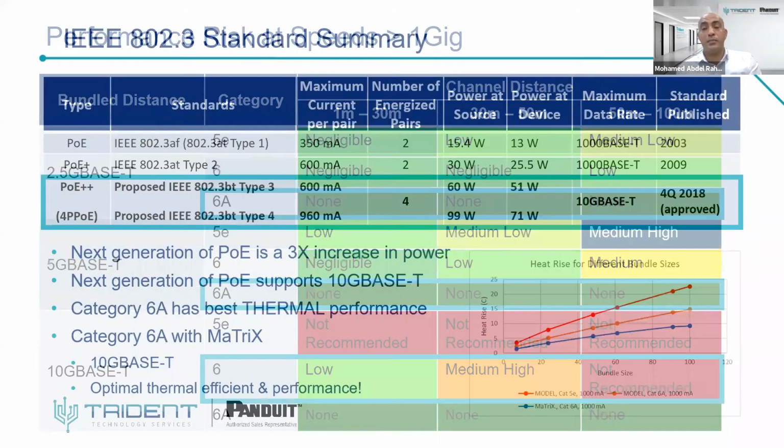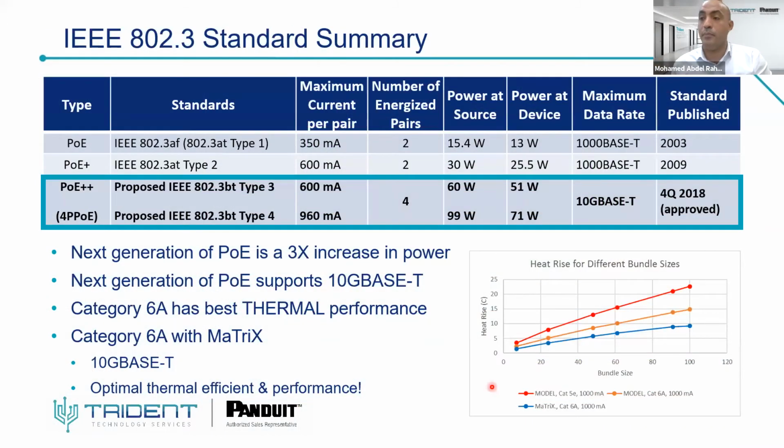Also, as we discussed before in our previous PoE challenges webinar, PoE++ for type 3 and type 4 doubles the number of energized pairs that can be transmitted. You have 4 pairs transmitting current to have PoE++ with 99 watts transmitted from the source, and the powered device receives 71 watts for type 4 PoE++.